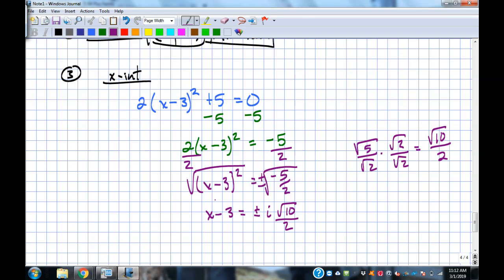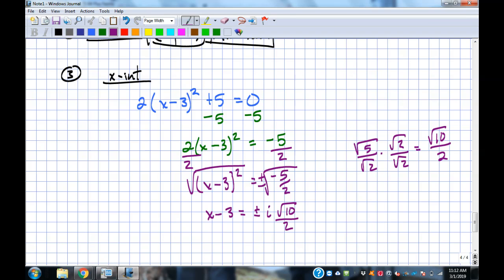Does that cross the x-axis if it's complex? How can I know if that crosses the x-axis? What's a short, quick way to decide if something crosses the x-axis? What do you have on your desk? On your calculator. Absolutely.